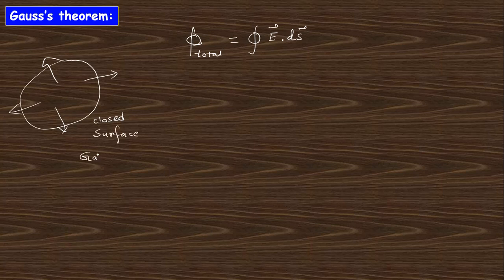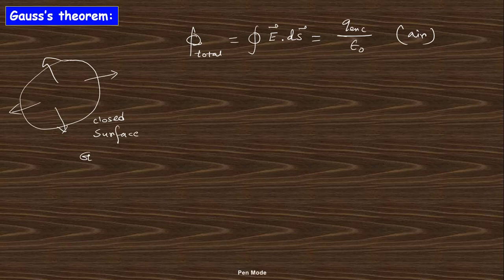This can be a real surface or an imaginary surface, doesn't matter, but for any closed surface, this will be Q enclosed by epsilon naught, in air. Q enclosed by epsilon naught, this is for air, right?